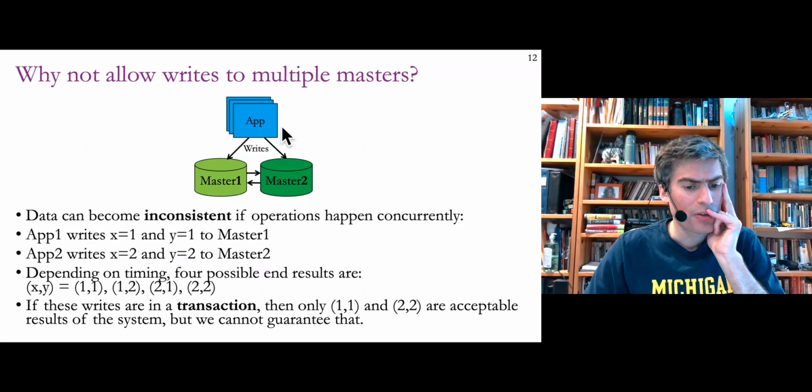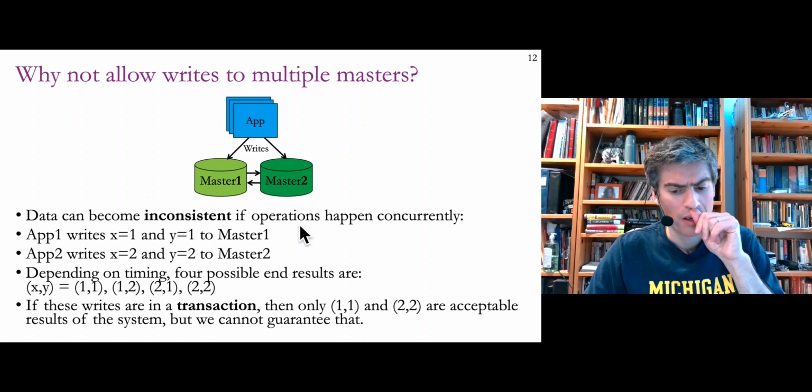So if we're using this kind of propagation, depending on what order they come in, you could end up with 4 possible end results where x and y take values of 1, 1, 1, 2, 2, 1, or 2, 2. And we don't want the 1, 2 and 2, 1 results because those violate the fact that there's a transaction.